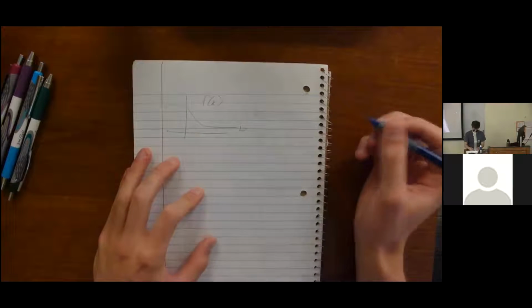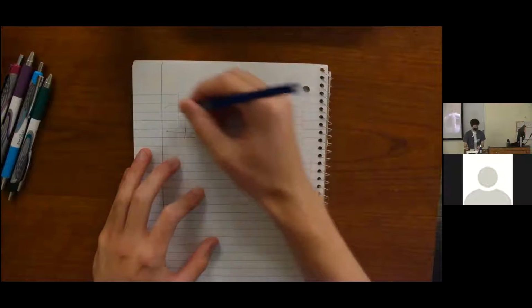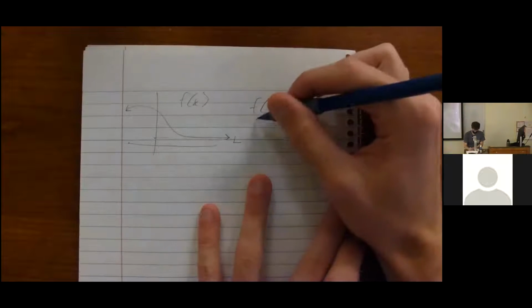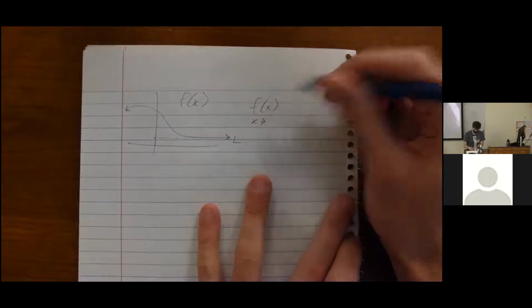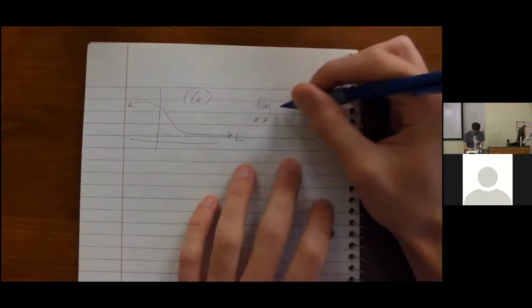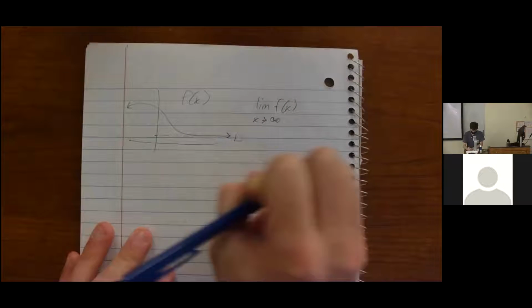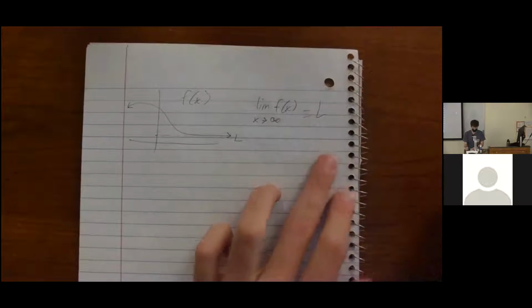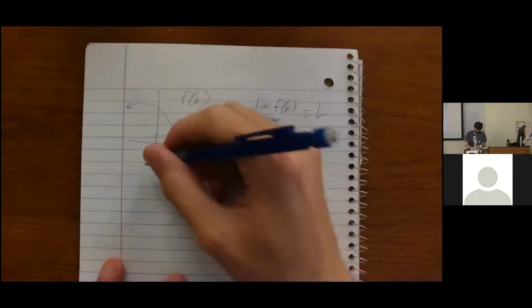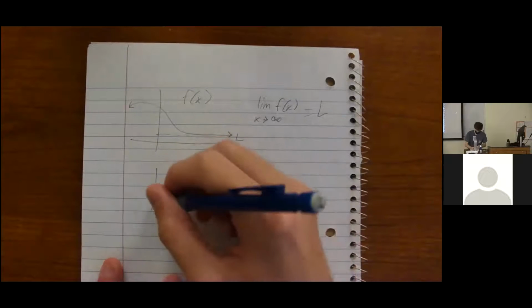That is our horizontal asymptote. To define this, say you are taking the limit of f of x as x approaches infinity, because x is always going way over this way, equals that.